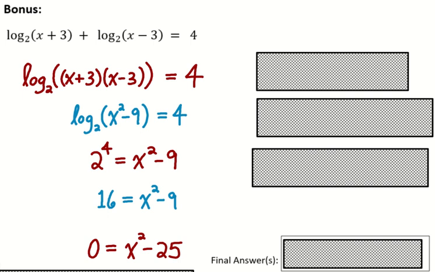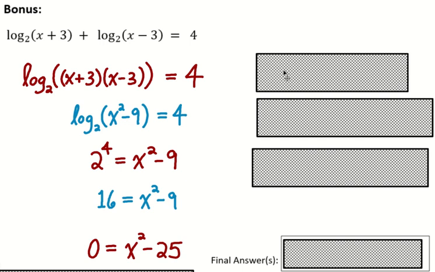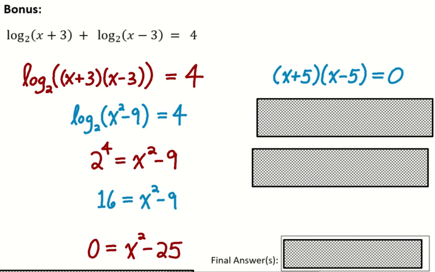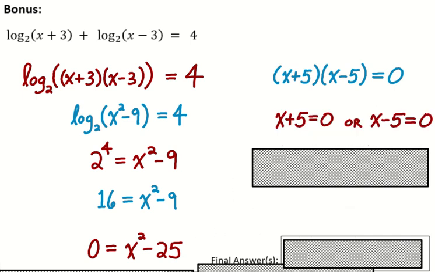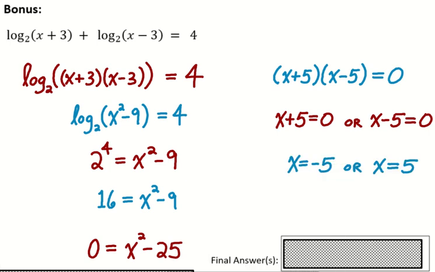Here's one way to go about it: set equal to 0. After we set equal to 0, we factor. After we factor, we set the factors equal to 0, and then we solve each one separately.